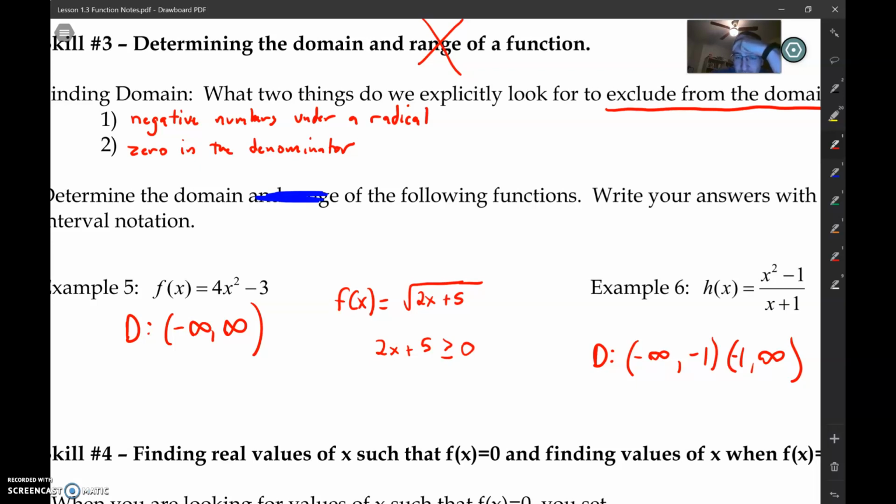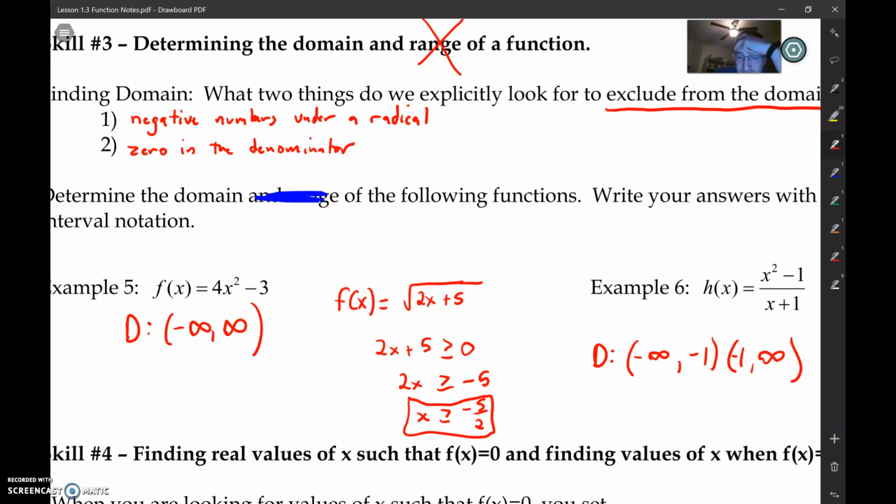So then I solve this really quick. I subtract the 5 over, and I have 2x is greater than or equal to 5. I divide by 2x. Sorry. When you subtract that 5 over, it's a -5. I divide by 2, and I get -5 over 2. We need x to be greater than or equal to -5/2.